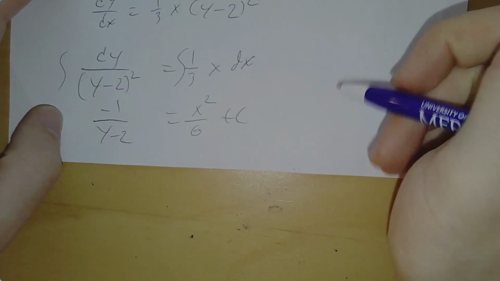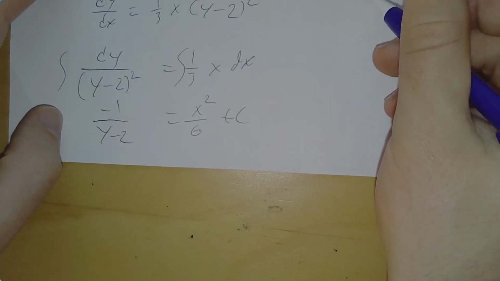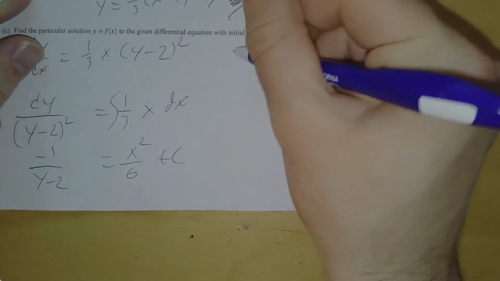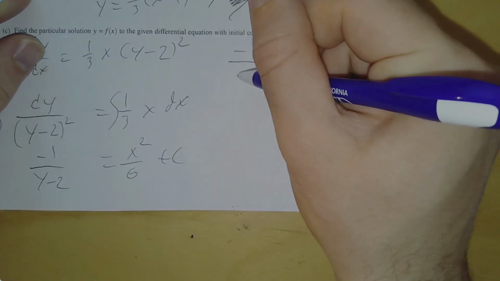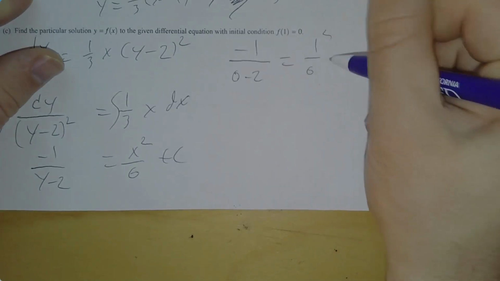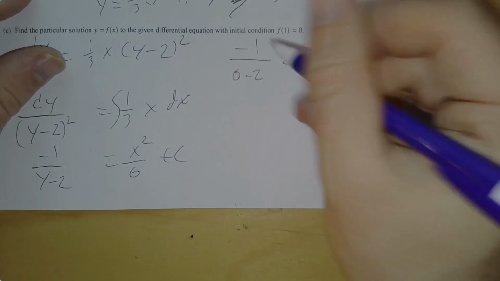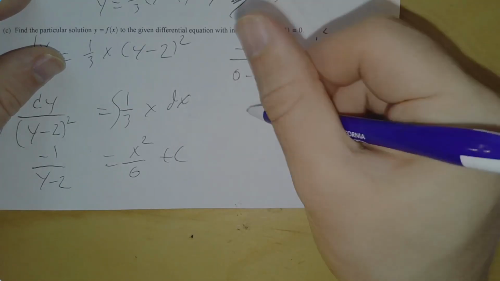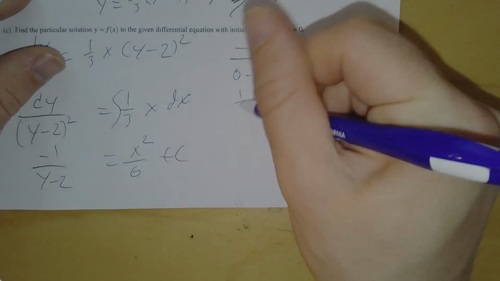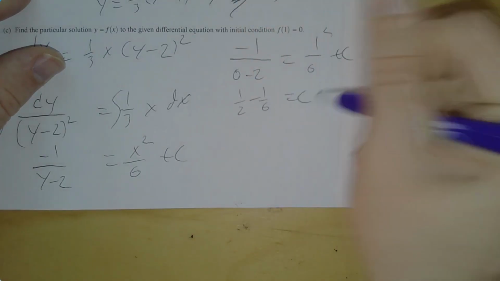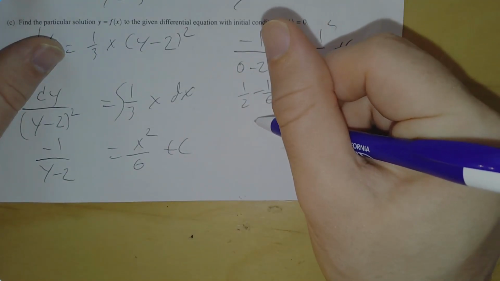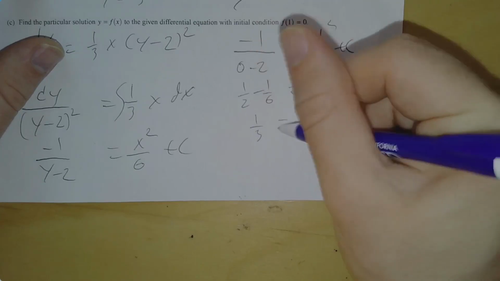And then we're going to solve for c. So we have f of 1 equals 0. I'm doing it over here. So we're going to say negative 1 over 0 minus 2 equals 1 squared over 6 plus c. So this is just 1/2 minus a sixth equals c. A half minus a sixth is 2/6, or that's a third, equals c.